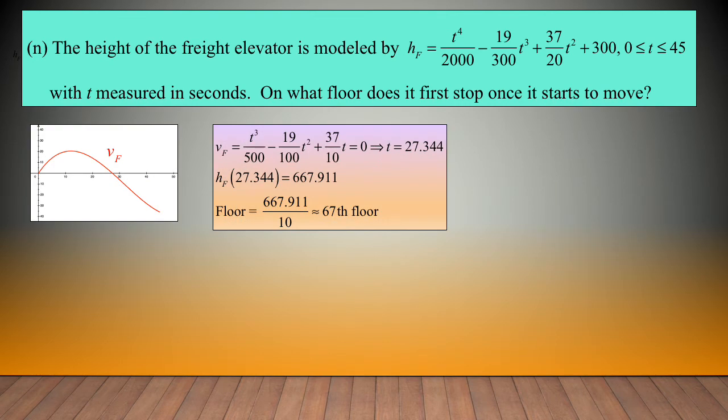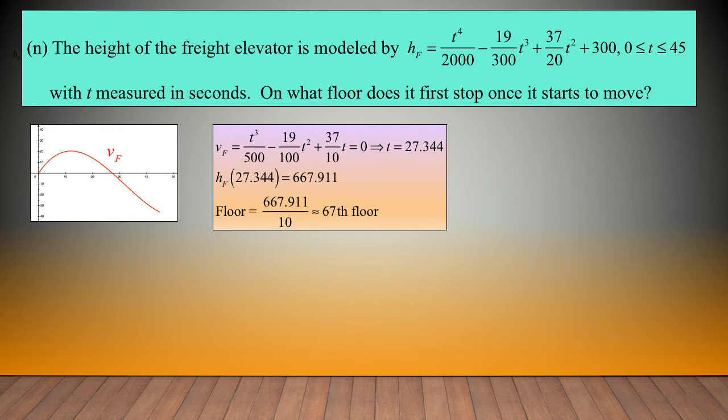The original problem gave selected values of t and corresponding values of the velocity of the freight elevator. This problem now gives you the height of the freight elevator in terms of t. Note though that it only goes from t between 0 and 45.